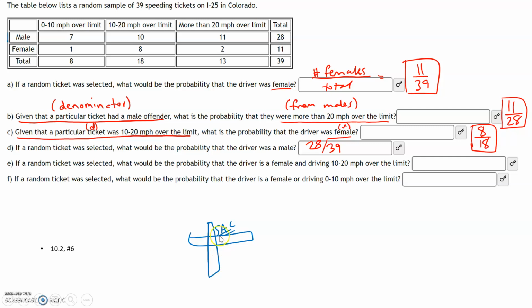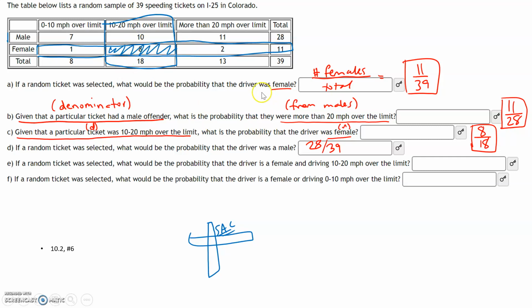So we're looking at how many drivers are female. So we're looking at all the females and driving 10 to 20 miles over the speed limit. Okay, so females are here, the 10 to 20 is here. Their intersection is going to be these 8 drivers.